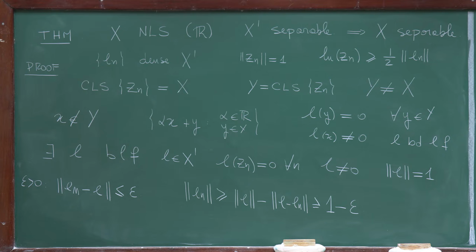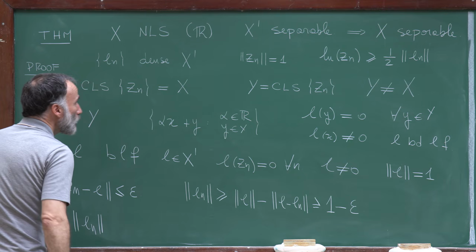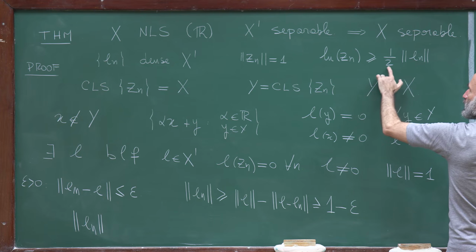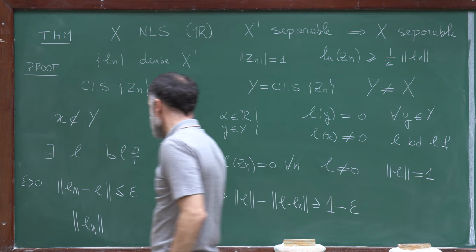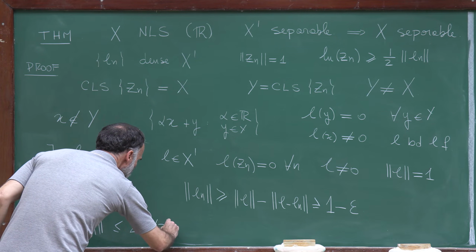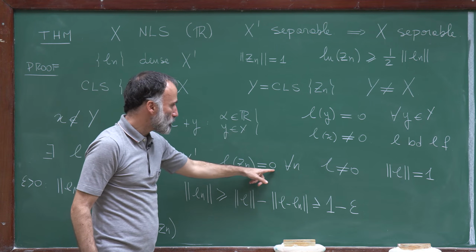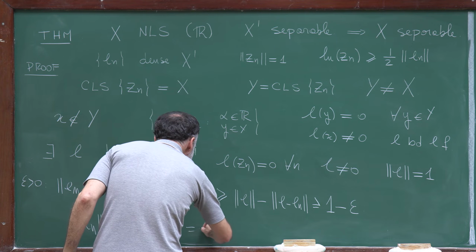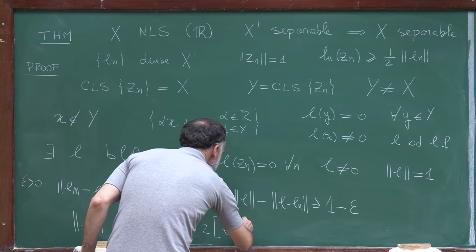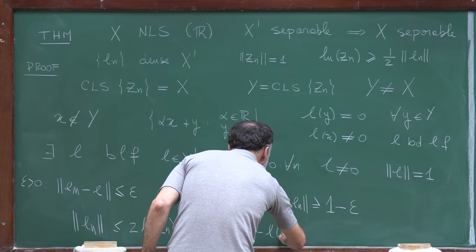Now I want to get an upper bound. To get the upper bound, we'll use the property of Zn. So the norm of Ln is bounded by 2 times Ln of Zn. Well, L of Zn is equal to 0. So this is 2 times Ln of Zn, and I can add and subtract L of Zn.